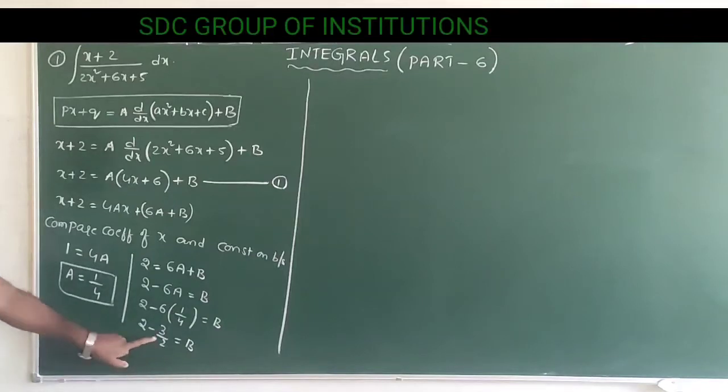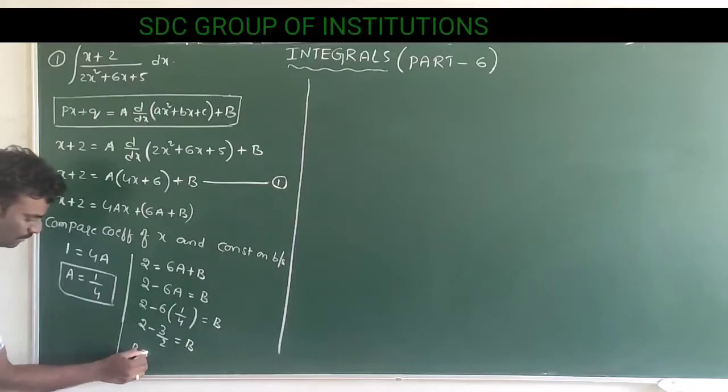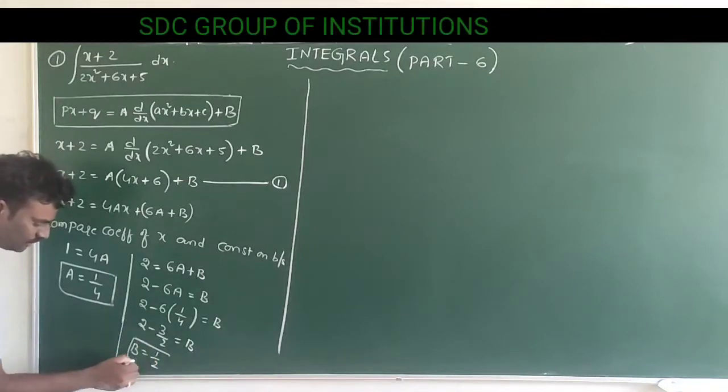If you simplify, 2 - 3/2 = 1/2. Therefore, B value is 1/2.